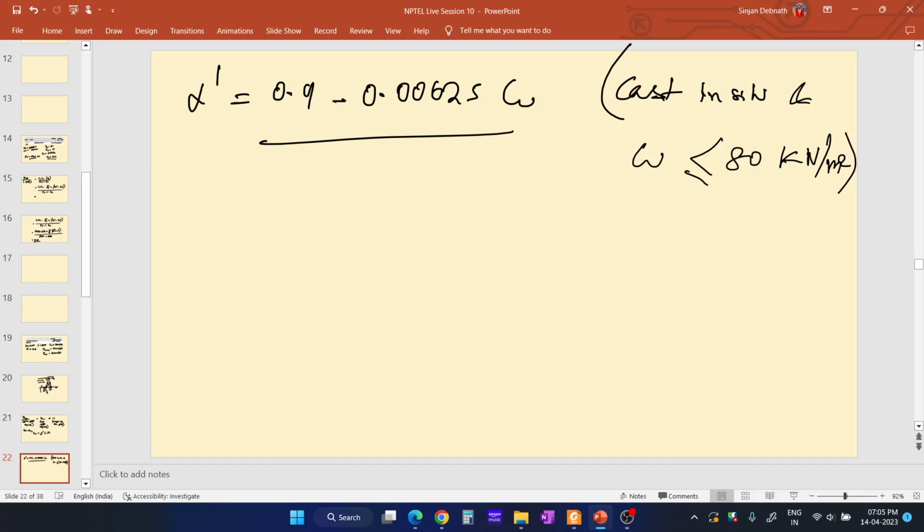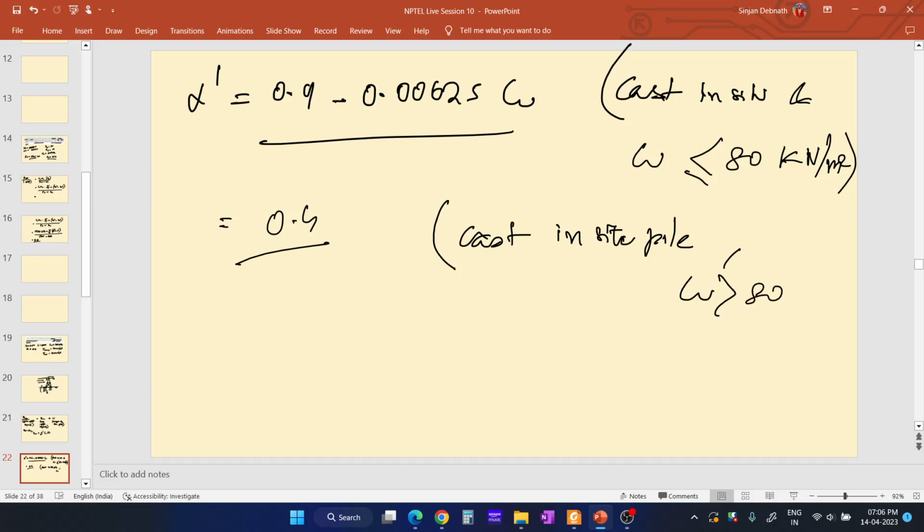And there is another value of alpha dash, which is 0.4, and this one is for cast in situ pile when Cu is greater than 80 kPa.